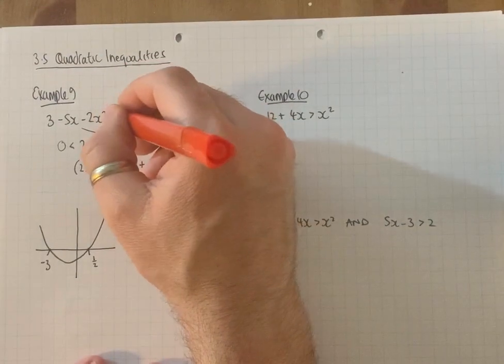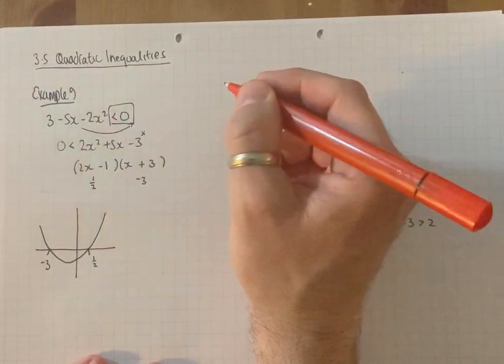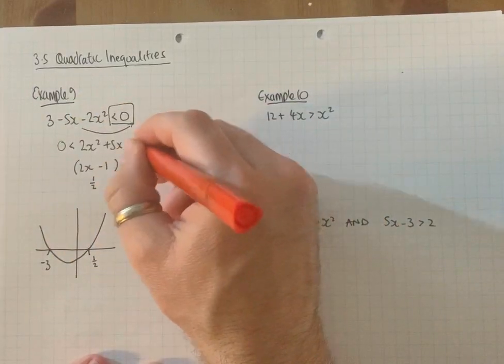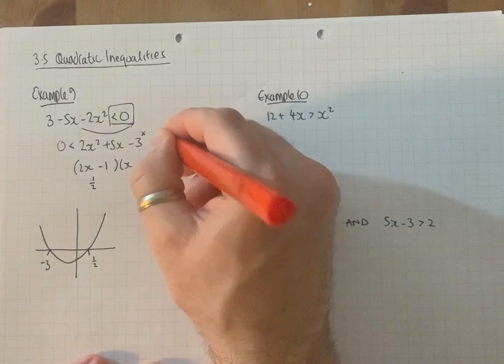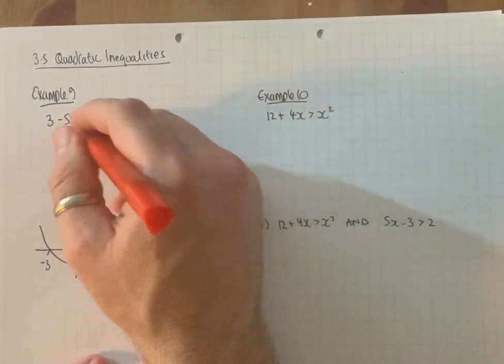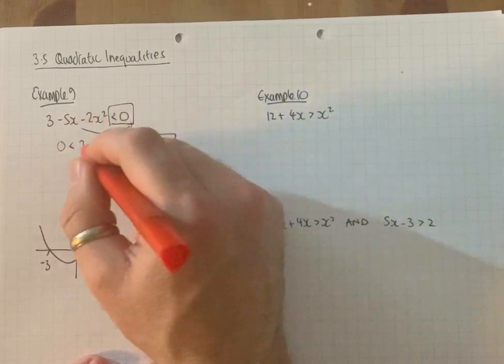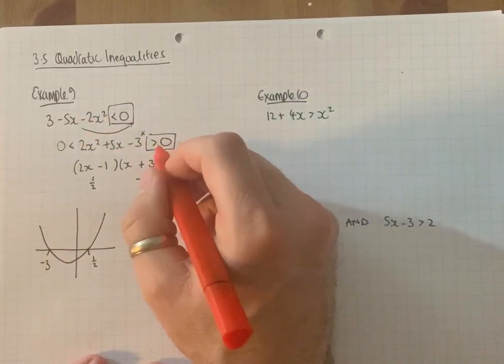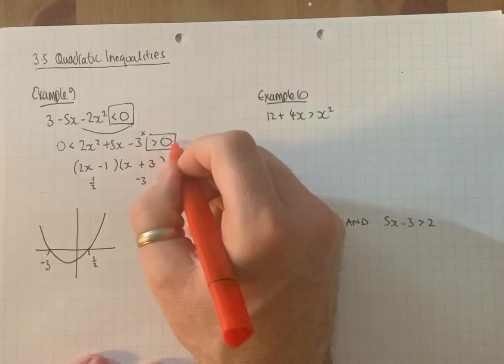What I'm looking for is when the graph is greater than 0. Look, it points away. This is the one I've drawn, not the original equation, the one I've drawn. It points away from the x squared. I want when the curve is bigger than 0.